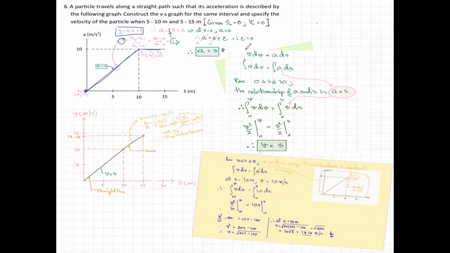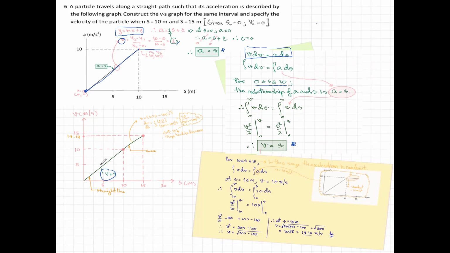According to the relationship VDV equal to ADS, we integrate both sides for the range of S from 0 to 10 meters, and we obtain the relationship of V equal to S. So for the first part, we can plot the VS graph, which is a linear relationship like this. We can substitute S equal to 10, and V equal to 10 also.